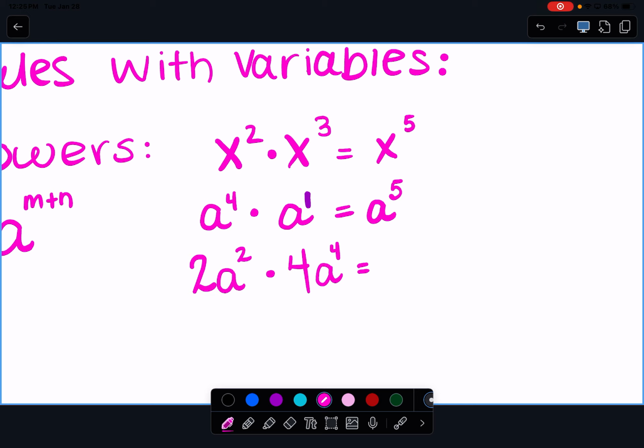Are there exponents on the 2 and the 4? I mean, they have the understood ones, but they're not the same base or anything like that, right? So what do I do with the 2 and the 4? I just multiply them. What is 2 times 4? And then it'll be a to the 6th.